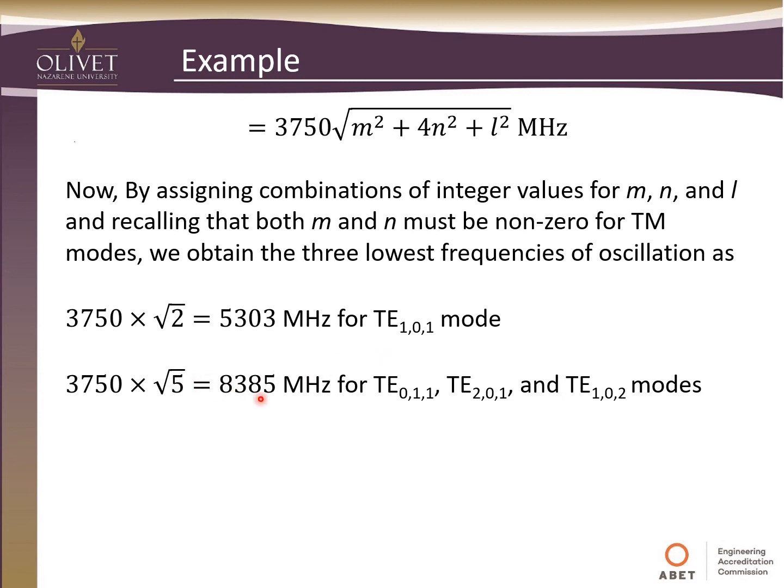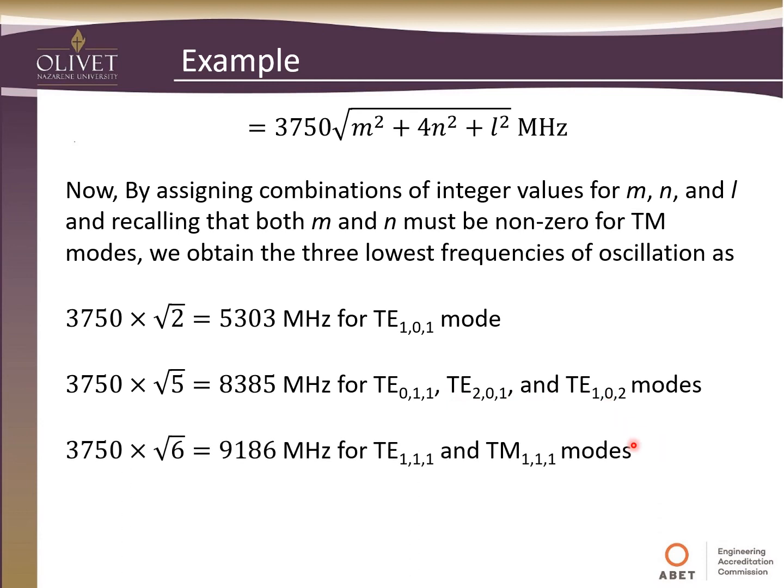At 8385 megahertz, we'll have 3 TE modes that will propagate. And then when we get up to 9186 megahertz, we see we have 2 more modes that will begin to propagate, the TE111 and the TM111. So again, remember all these have to be non-zero terms before we see that first TM mode.